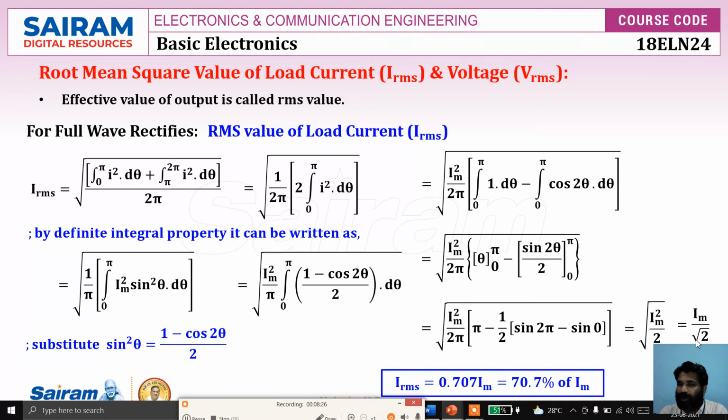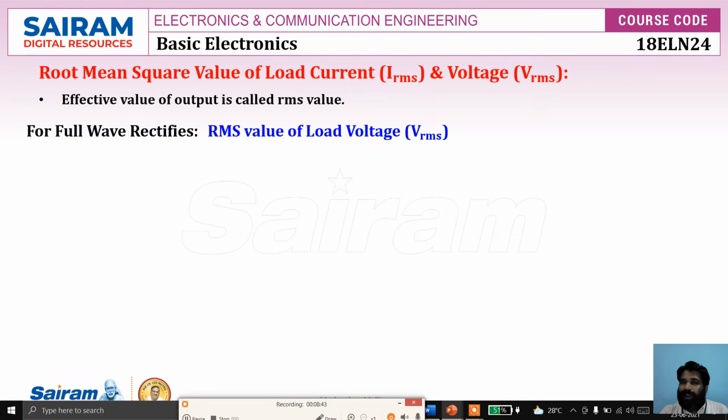Okay, Im by root 2, or 1 by root 2 is 0.707 Im, or in percentage we can say 70.7% of Im is the IRMS value of the full-wave rectifier. Similarly, VRMS is equal to IRMS into RL.